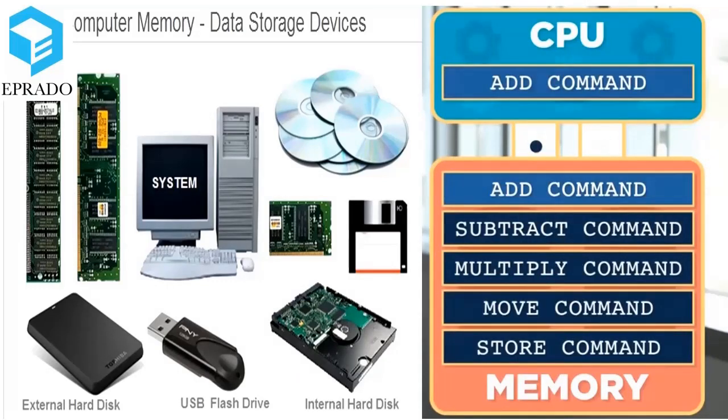The memory unit. There are several memory units we use in our computer. It is classified as RAM, ROM, and storage units like floppy disk, hard disk, pen drives, external drives. These storage units provide information to the CPU.